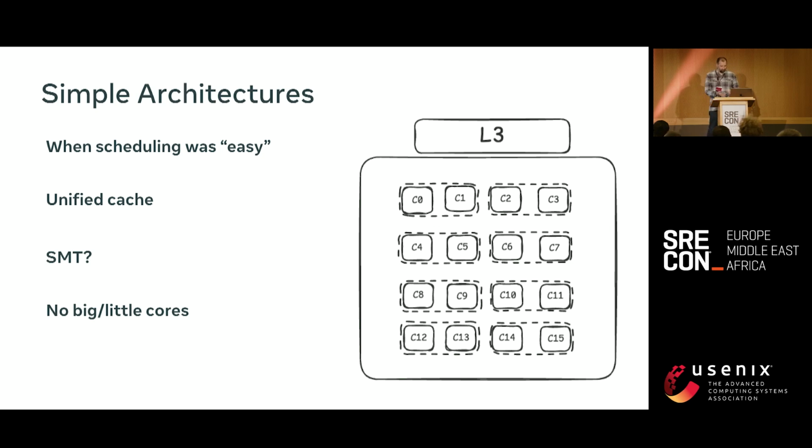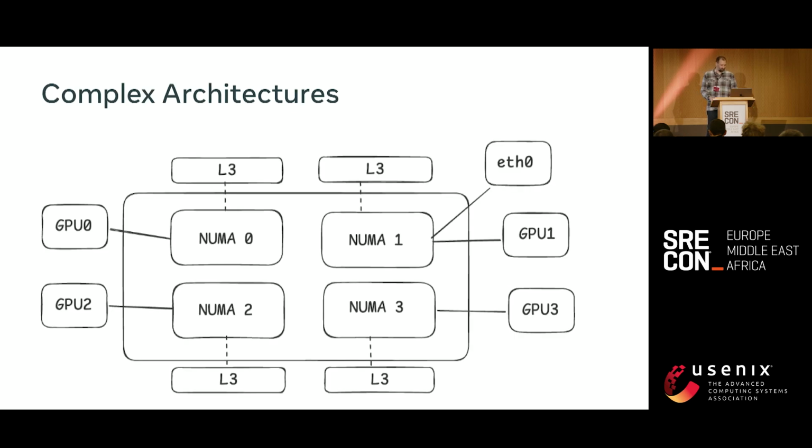And going back to architectures. When scheduling was easy, we had unified caches, SMT maybe, hyperthreads, no big little cores, scheduling was not so hard. But now, let's say we have a 4 NUMA machine with 4 GPUs and a single Ethernet interface, and this is still a pretty simple machine compared to what you'll find in a lot of data centers.